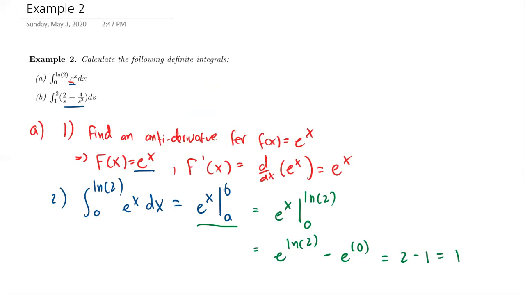Now this function, 2 over s minus 4 over s cubed, is not continuous everywhere, because if we plug in 0, it's undefined. So it's not continuous near 0, but on the interval 1 to 2, it is continuous. So in this case, it's fine to use the fundamental theorem of calculus, but you always have to check whether your function is continuous. Let me make a note of that.